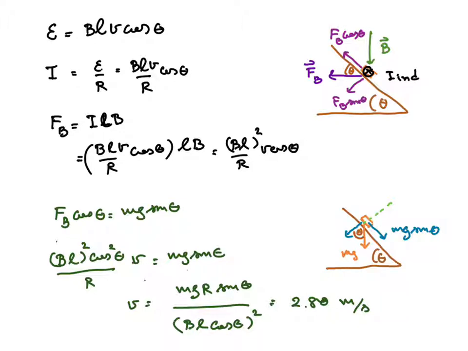We can say that the magnetic force is ILB because the directions of I and B are perpendicular. This is the direction of B, and I must pass through the bar like this, so I and B are perpendicular to each other.